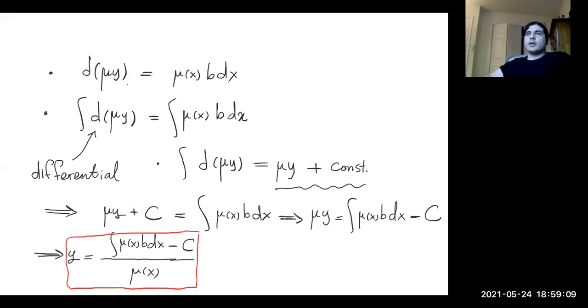But in order to completely understand it, I need to find what mu is. If I find mu, I can come back and substitute that into this solution, and we would find out what the answer is, right? So what is mu?